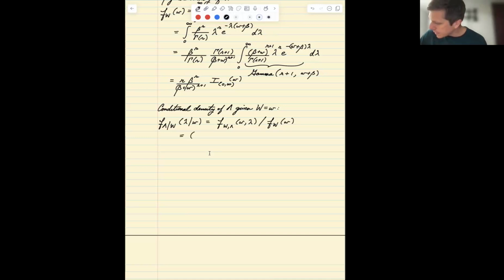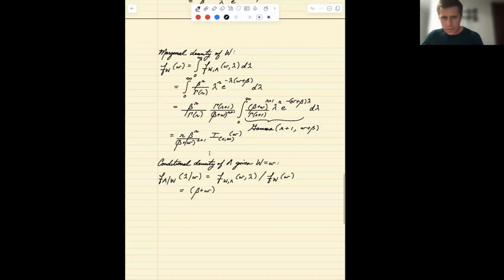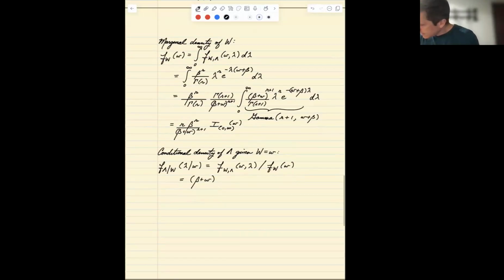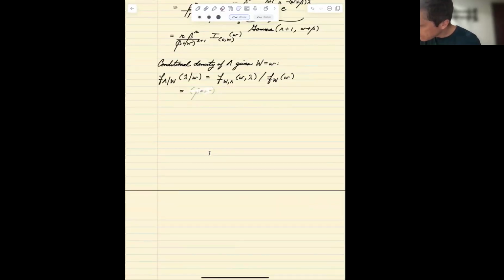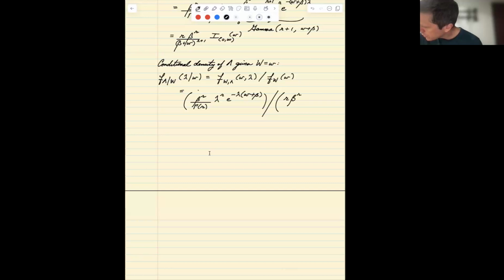So the joint is here, divided by the marginal, which is here.